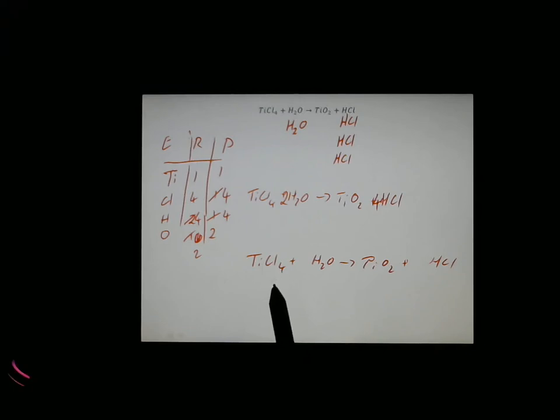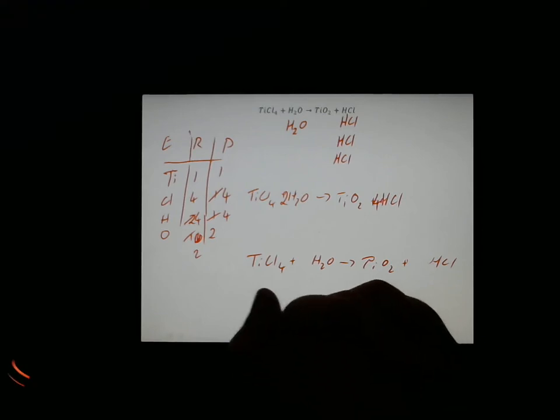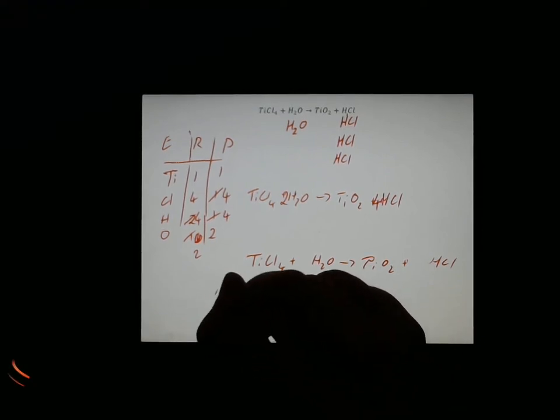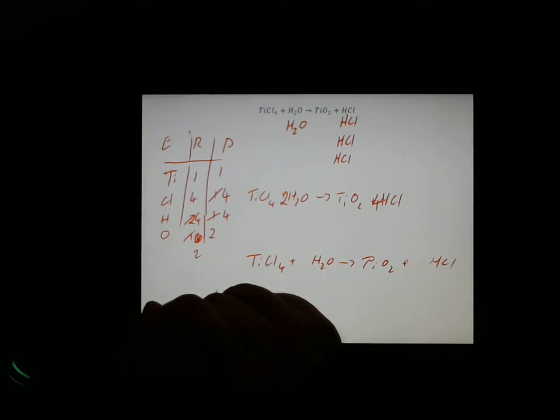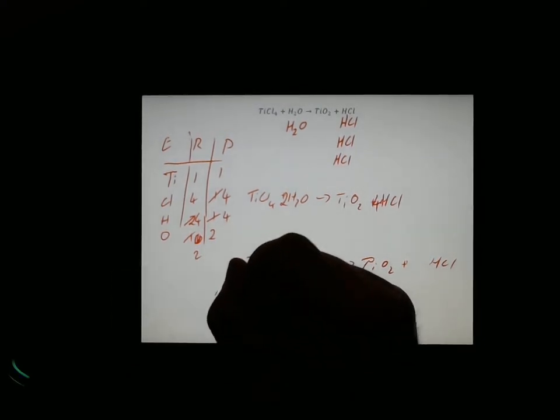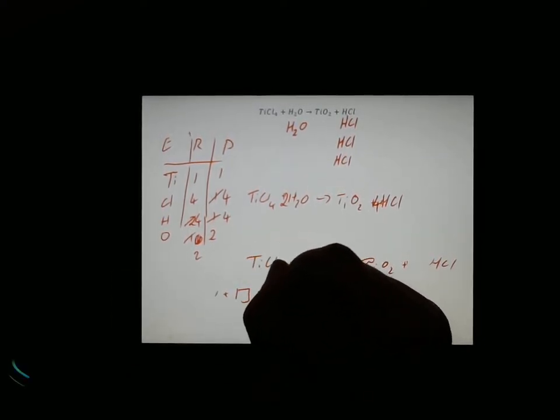Okay, so now what I'm going to do is jump to the end process. I have 4, I have 1. I need to have these being equal, so 1 times what equals 4?